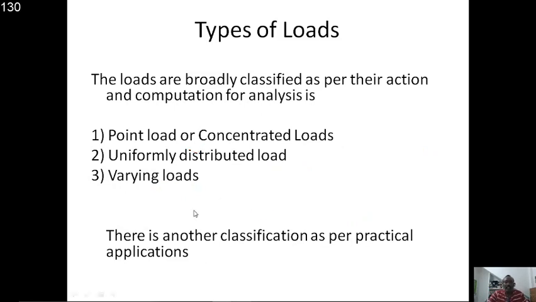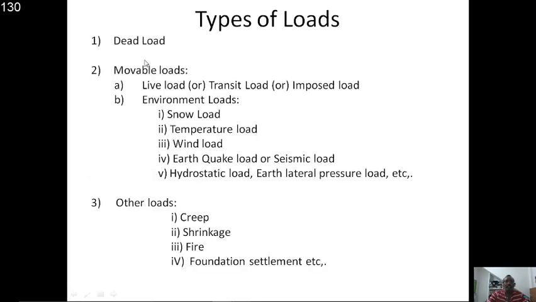There is another classification for practical applications that we will see, that is the dead load. That is nothing but your self weight. What is a dead load? It is equivalent to your self weight. So how much you are weighing, that is your weight. What about movable loads?